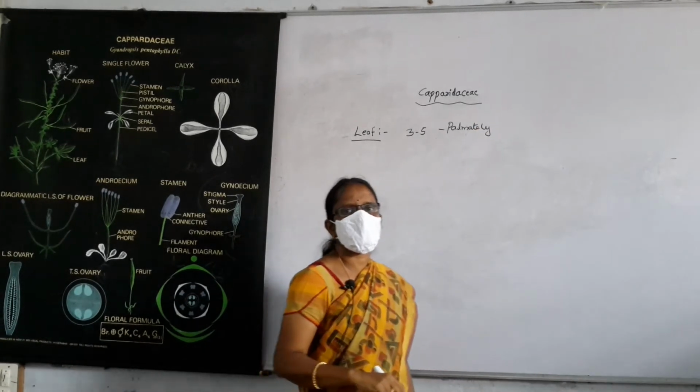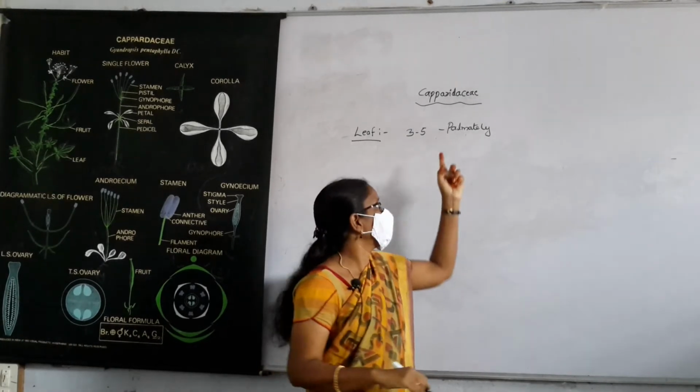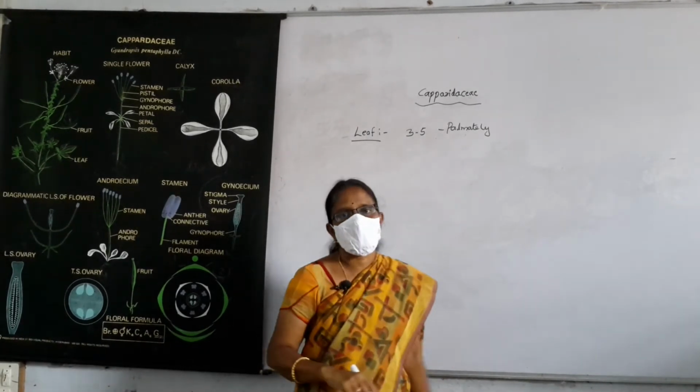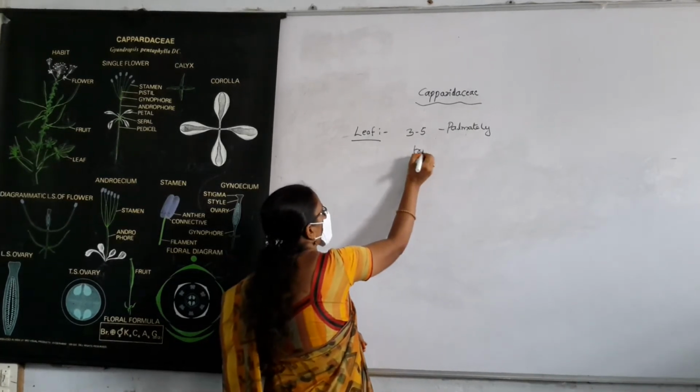These palmately compound leaves are trifoliate, tetrafoliate or pentafoliate, mostly trifoliate or pentafoliate.